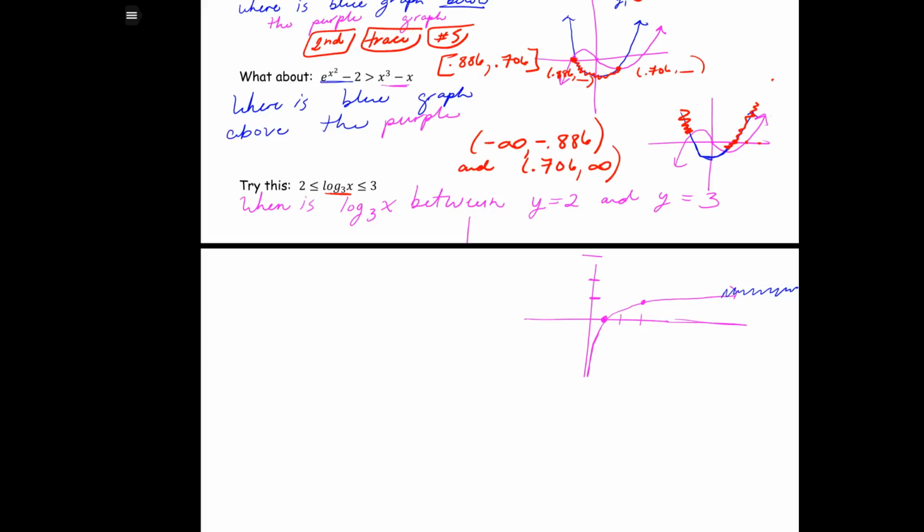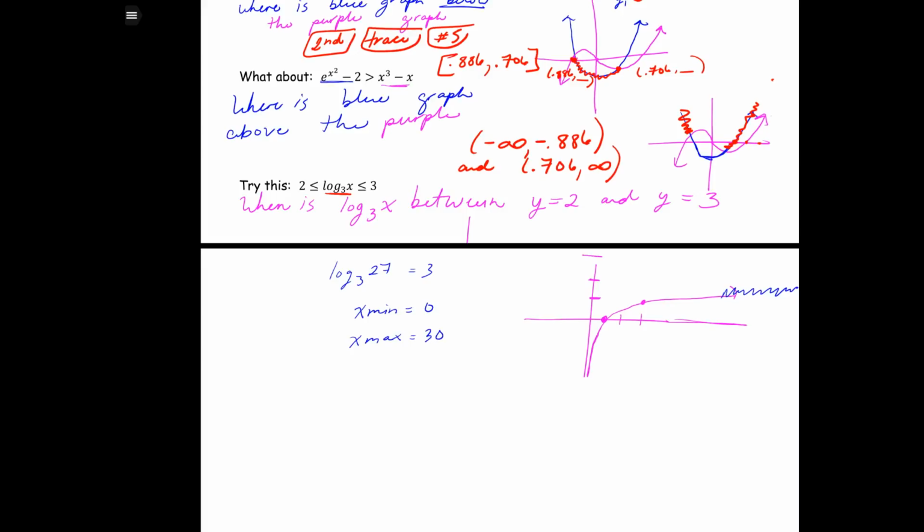If you think about log base 3 of what number would equal 3, that would have to be 27. Log base 3 of 27 equals 3. So I know that I'm going to need to be looking at the x values. X minimum, you could start at 0, but x maximum, we want to have things looking at about 30.